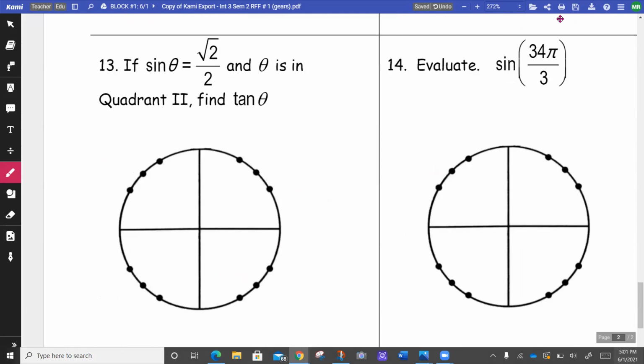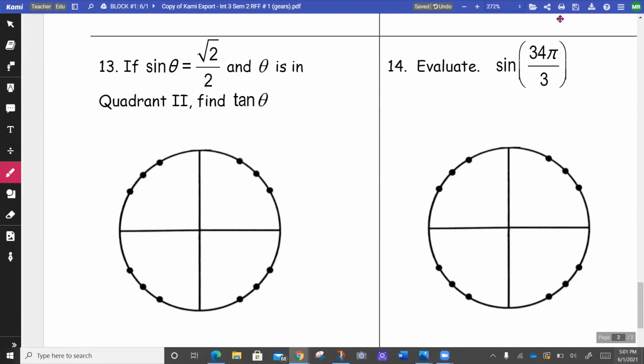On 13, sine theta is equal to the square root of 2 over 2, and theta is in quadrant 2. So I'm going to be here because that point is negative root 2 halves, positive root 2 halves.